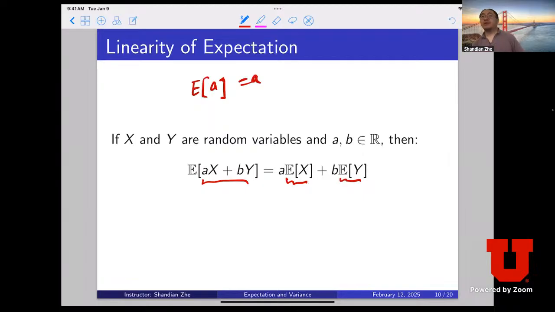You can treat a constant as a very special discrete random variable. It can only take one value, and the probability of taking that value is 1, so the expectation is just 1 times A, which is A. Or intuitively, if you have a random variable that always takes the value A, on average it will take the value A for sure. Does it make sense?